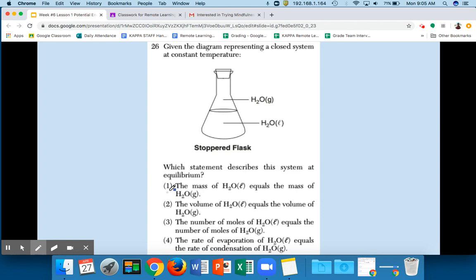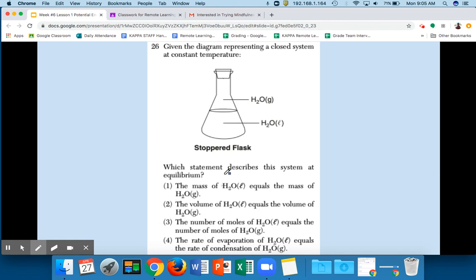So at equilibrium, the mass of H2O liquid equals the mass of H2O gas. The volume of H2O liquid equals the volume of H2O gas. The number of moles of H2O liquid equals the number of moles of H2O gas, or the rate of evaporation of H2O liquid equals the rate of condensation of H2O gas.